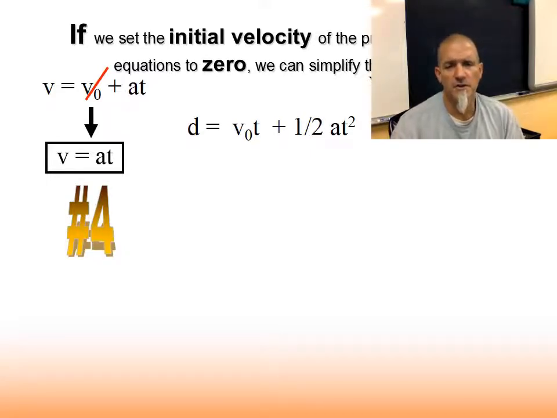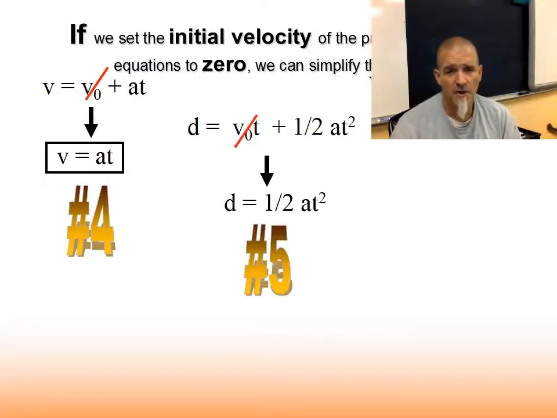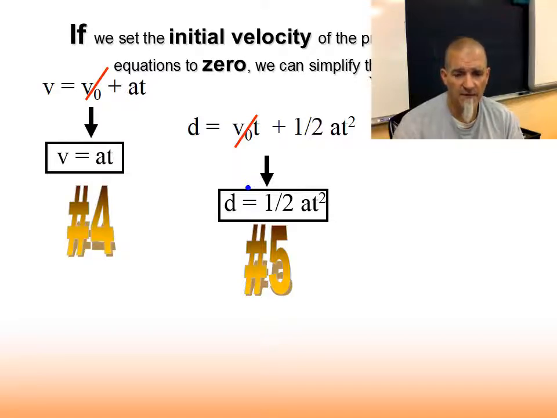Take a look at equation number 2. d equals v0 t plus 1/2 at squared. If v0 is 0, then this is 0, but of course 0 times t, or 0 times anything, is 0, and so we lose this whole term, and we're simply left with that one. Here's equation number 5. d equals 1/2 at squared.